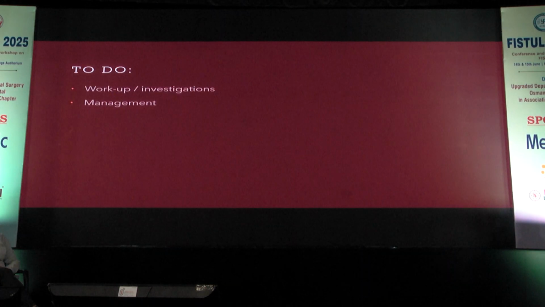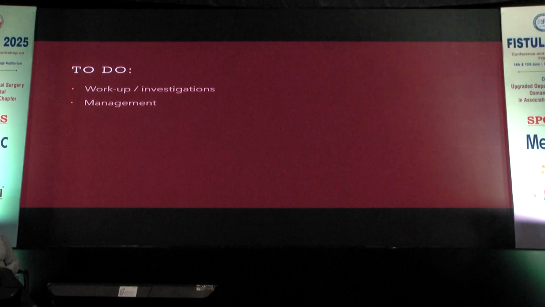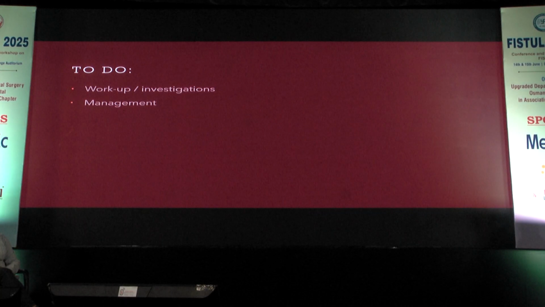So what to do then? How do you work up, what investigations, and how do you manage? Usually you won't need any specific test unless there is an underlying disease, which you need to control.